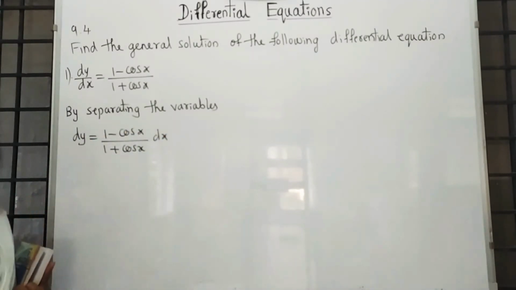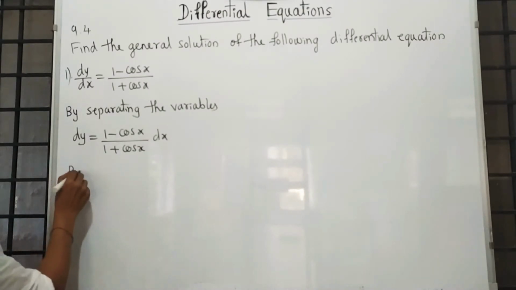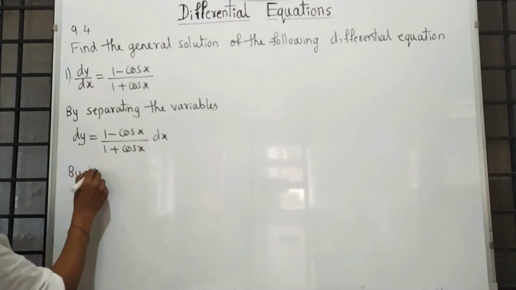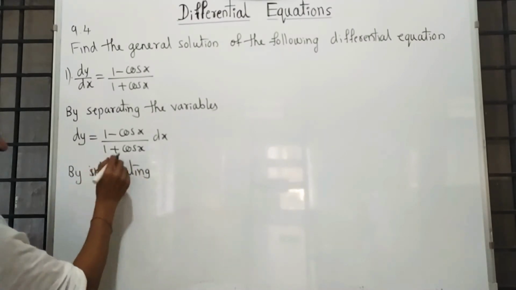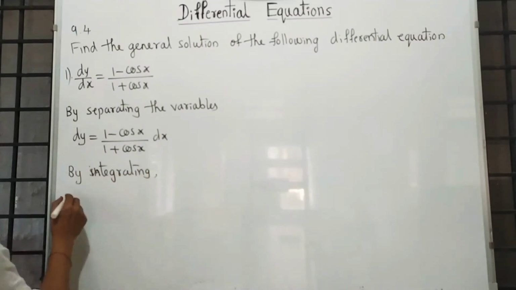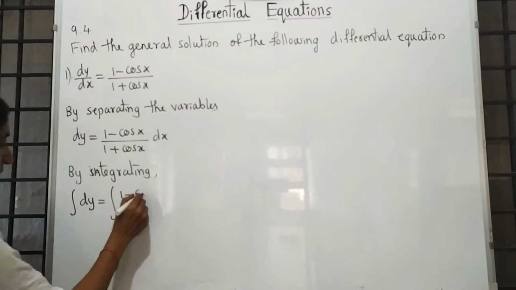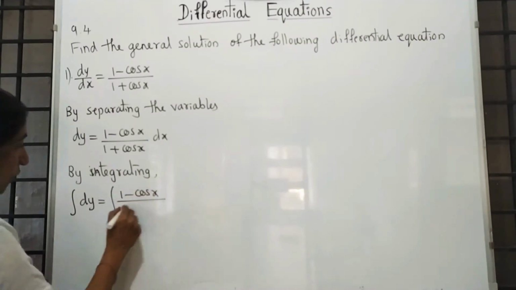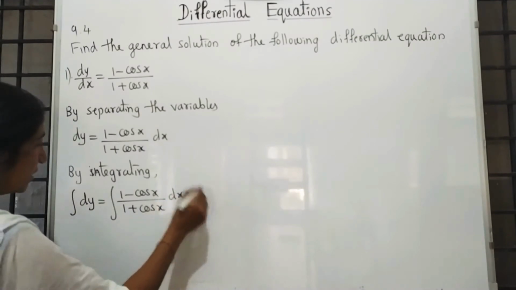See, with dx we have x terms, with dy we have y terms. After separating the term with x with dx and y with dy, by integrating, integration of dy is equal to integration of 1 minus cos x upon 1 plus cos x into dx plus c.